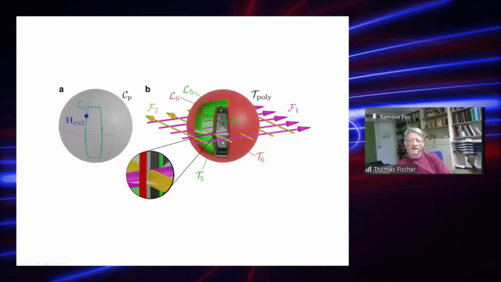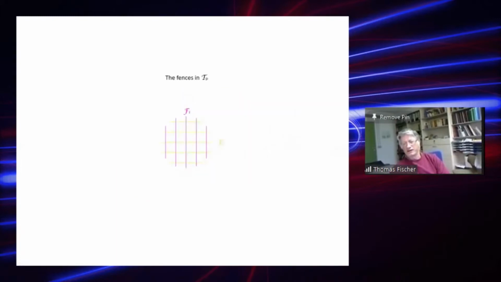And the fences form a square grid. There are purple fences and there are yellow fences, and they cut through these spheres in different ways, such that if you see here a magnified version, the red loop passes a purple fence on another side, and the green loop, that is a similar loop for another length, and that causes them to go in different directions.